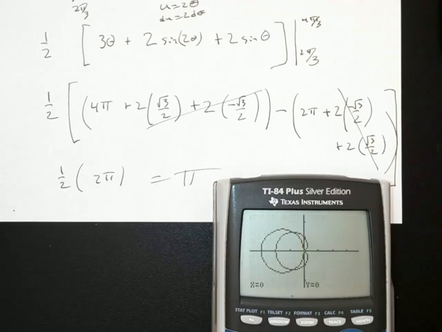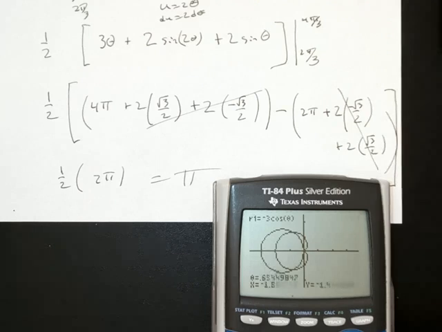Matter of fact, if I zoom in, there's the circle, and there's the cardioid, and they both touch 0, 0. But if I hit trace, when am I at the origin? I'm on the circle right now, yes?